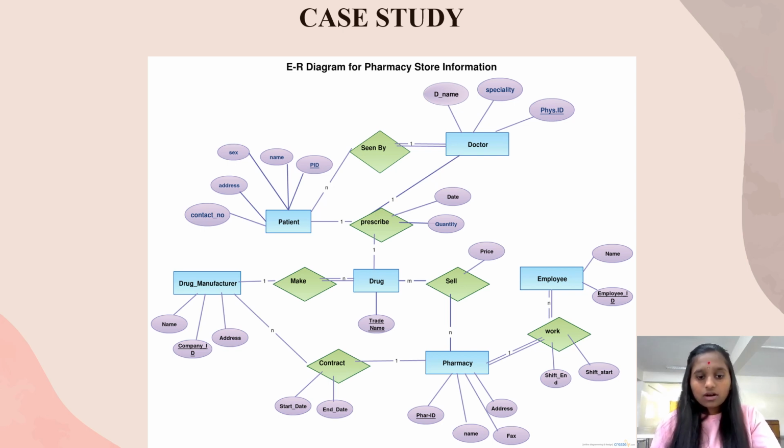And drug sells for the price. Then drug will sell to the pharmacy. Then pharmacy works for employee, and drug manufacturer contacts the pharmacy. So these are the relationships between entities, and these are the attributes of the entities.